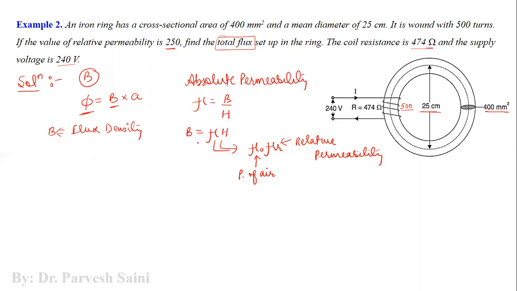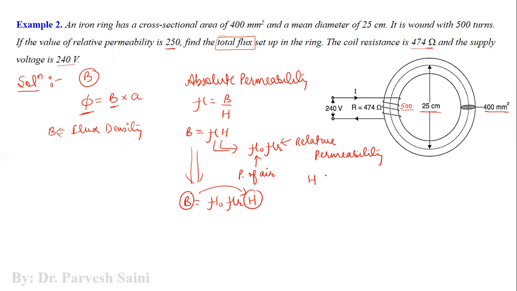So now this formula will change to B is equal to mu naught mu R, and then we have H. So that means to calculate B, we need to calculate H, right?